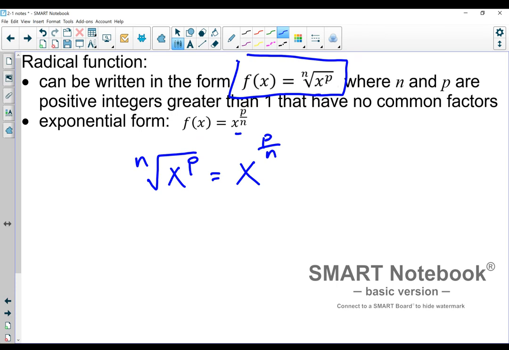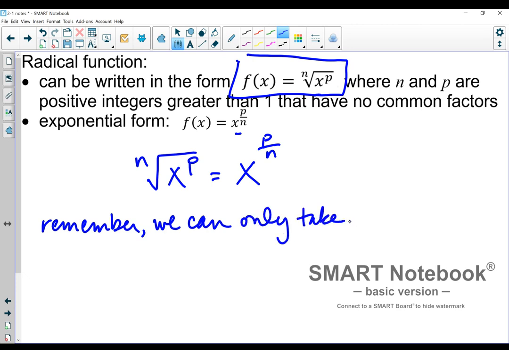Those are equivalent. Remember, we can only take even roots of non-negatives. Otherwise, it's imaginary.